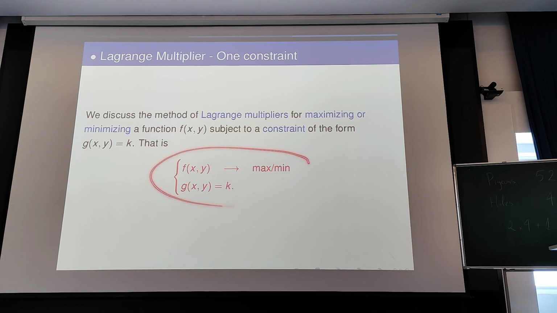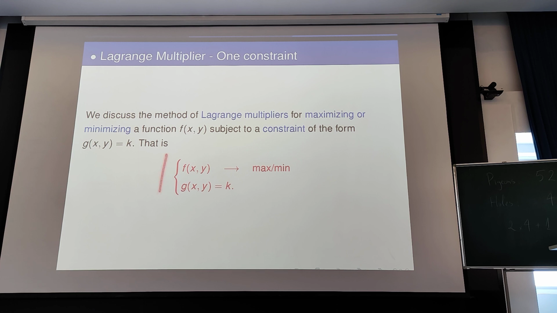So here's the general form of this optimization problem, where f is the given function we want to maximize or minimize, and g equals k forms the constraint.